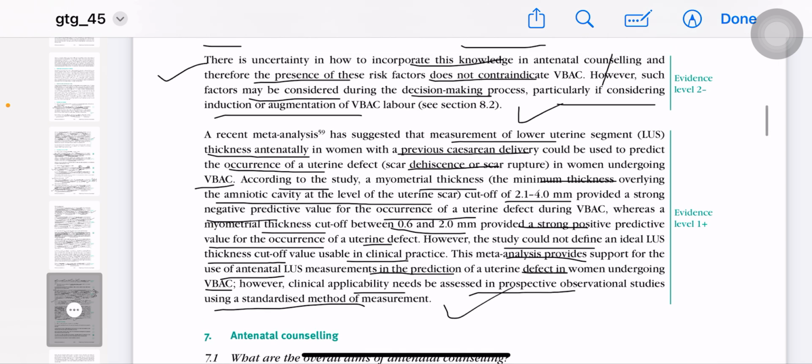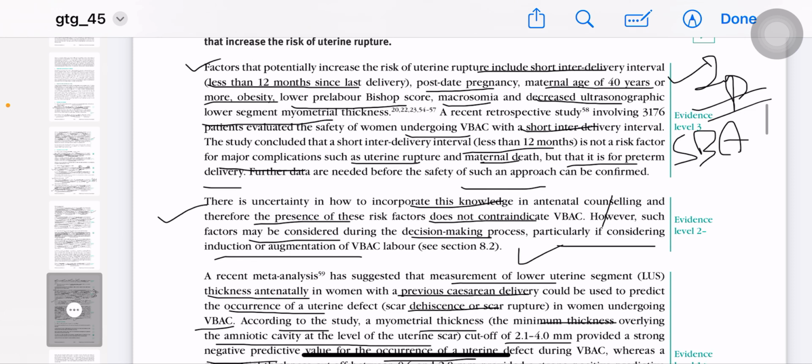But you have to keep in mind that these are the factors, and individualize; it is every obstetrician's choice how they will proceed in clinical practice.